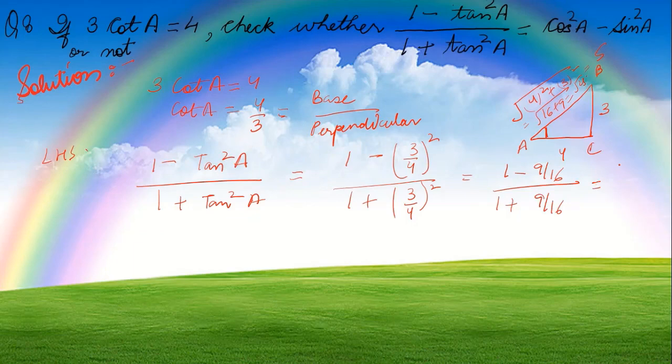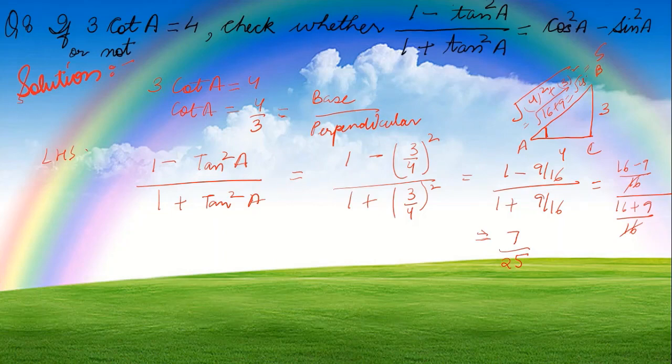So it is 16 minus 9 upon 16 divided by 16 plus 9 by 16. So cancel this 16. 7 by 25. Okay.